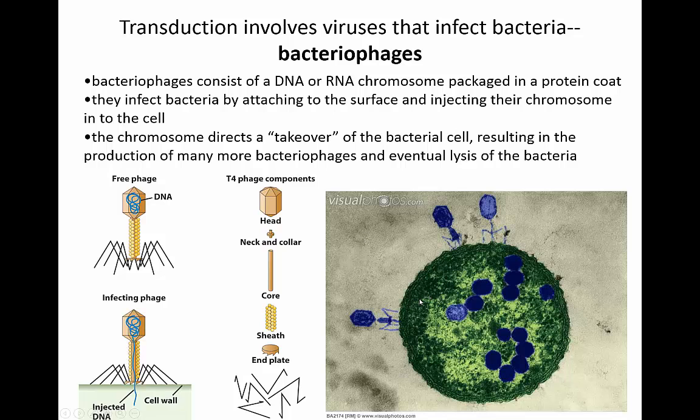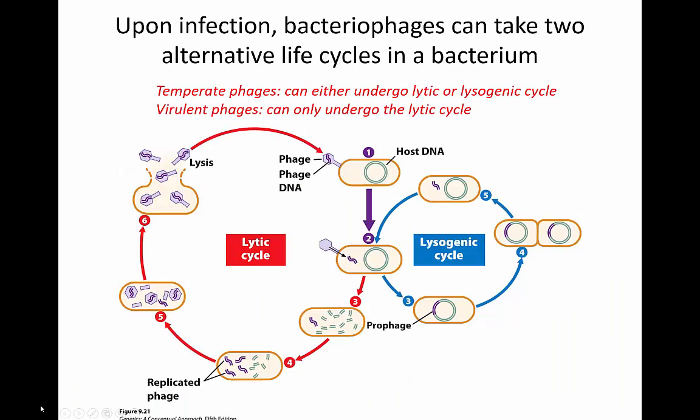What happens then is that the injected DNA can take over that bacterial cell, and it can result in the production of a lot more bacteriophages that will eventually lyse the cell and kill it and spill out those viruses, which can then go on to infect other bacteria. A couple of things can happen upon infection of a bacterium with a bacteriophage.